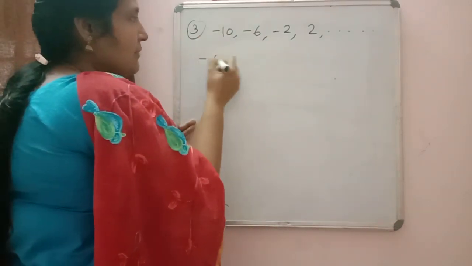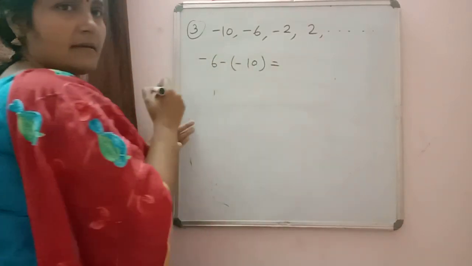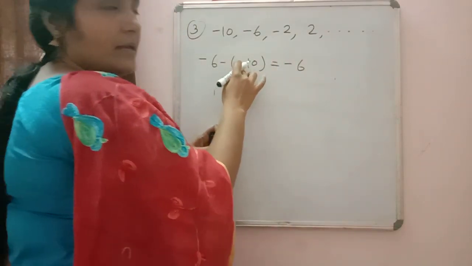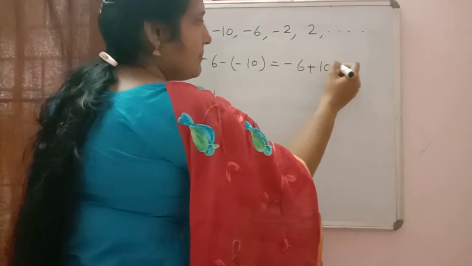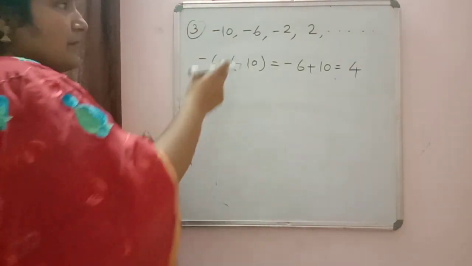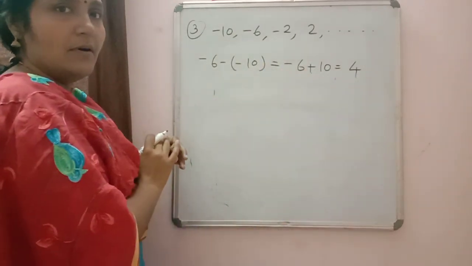So it will be equal to minus 6 minus minus 10. What will come? Minus into minus will be equal to plus. Minus 6 plus 10 will be equal to 4. So when we did second term minus first term, we got the difference is equal to 4.